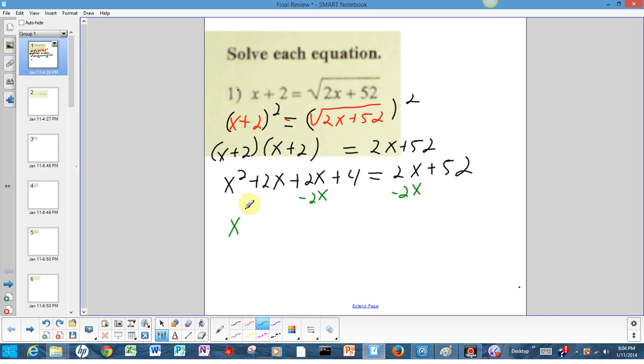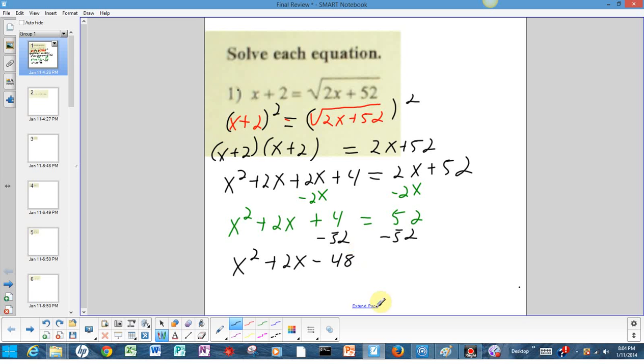Anytime you've got a quadratic equation like this, you're going to want to move all your terms to one side and set it equal to 0. So now I'm going to subtract 52 from both sides, and we get x squared plus 2x minus 48 is equal to 0.